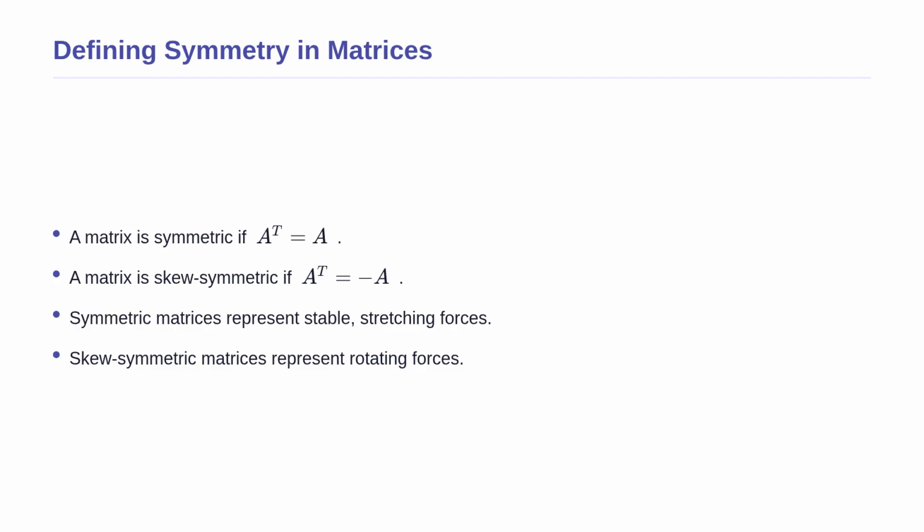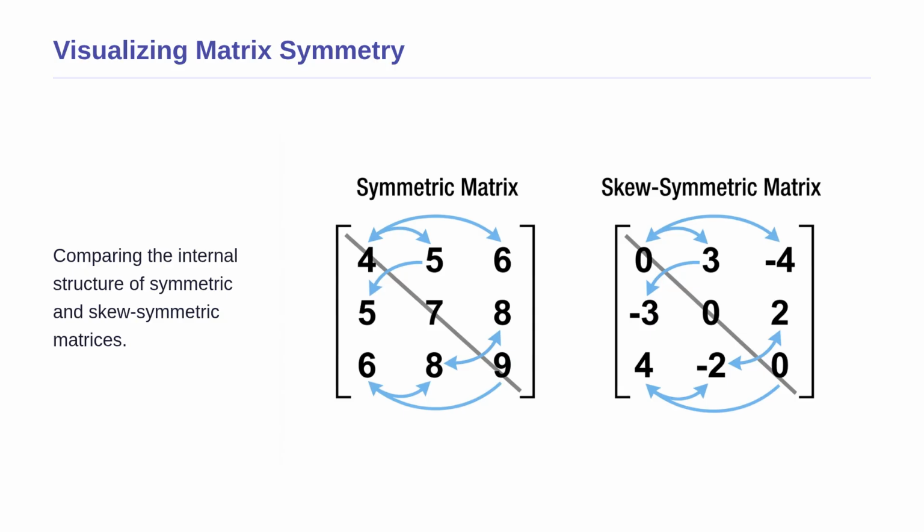Physically, symmetric matrices represent stable, stretching forces in a system, while skew-symmetric matrices represent rotating forces that do not stretch space in straight lines. To truly grasp this concept, let us visualize the folding analogy we discussed earlier.